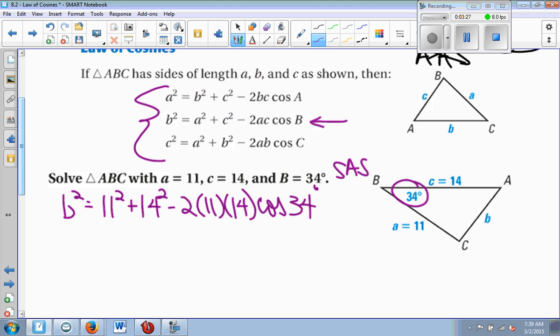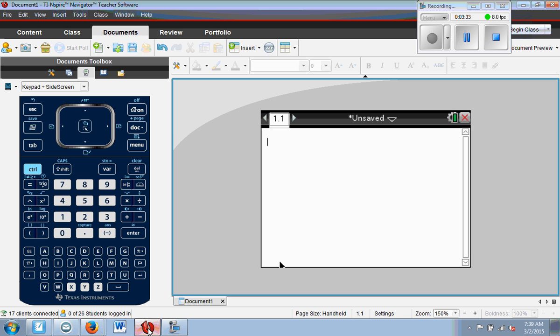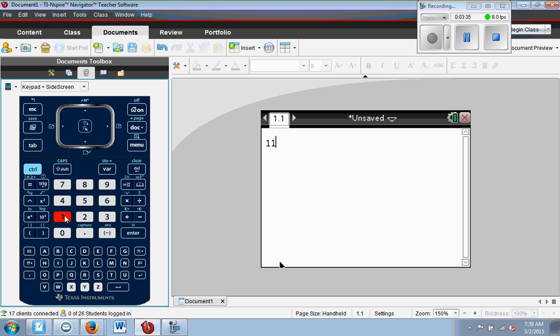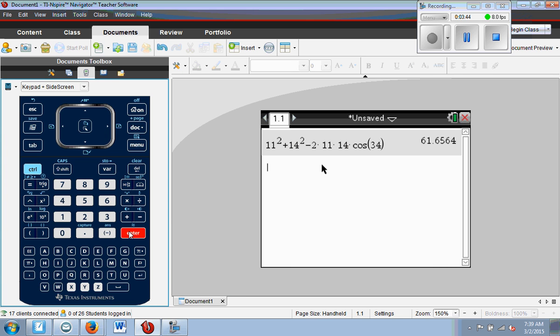So plugging everything in correctly, we literally just have to plug everything into the calculator. So I'm going to pull up my Inspire and do that. And what we get is about 61.7.